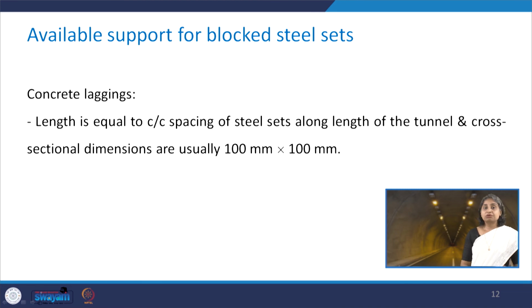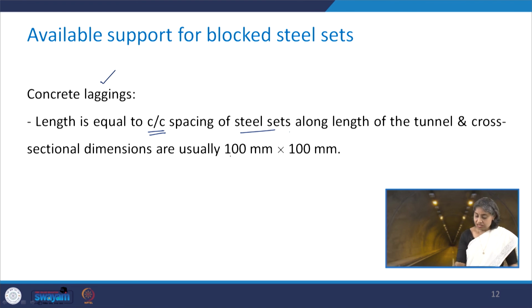Now coming to these concrete laggings, usually these days wooden laggings are not provided; concrete laggings are provided, so that their length is equal to the center to center spacing of the steel sets along the length of the tunnel, and the cross sectional dimension, as I mentioned, is square in shape.